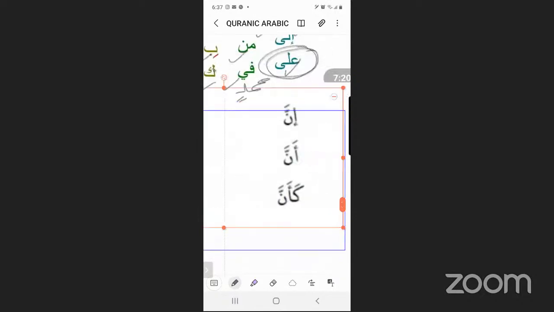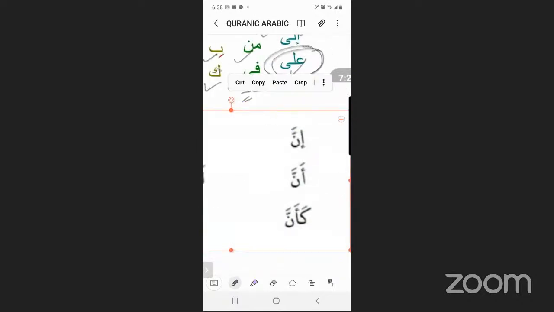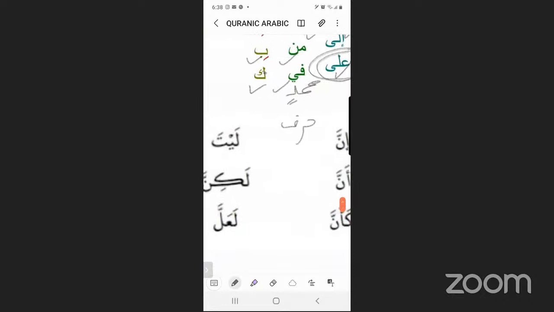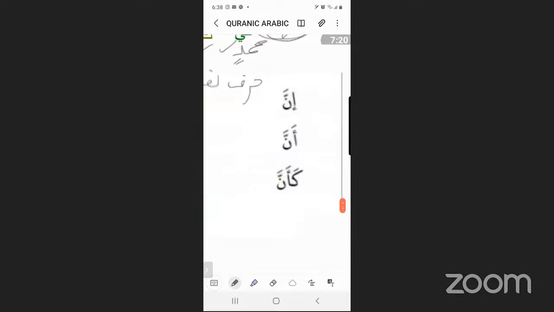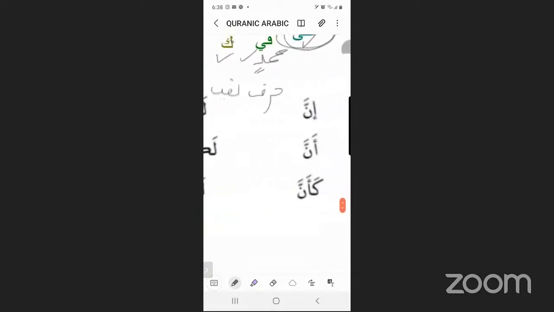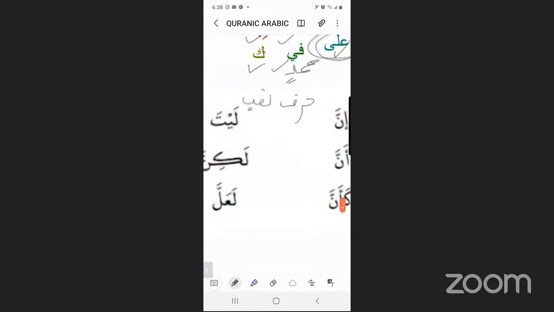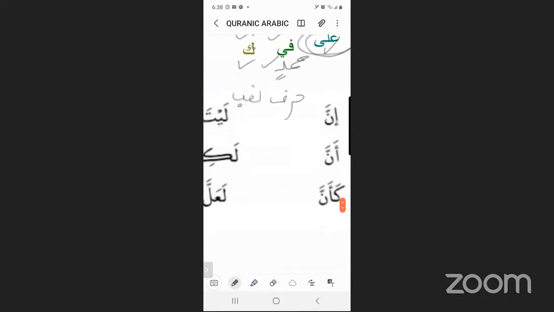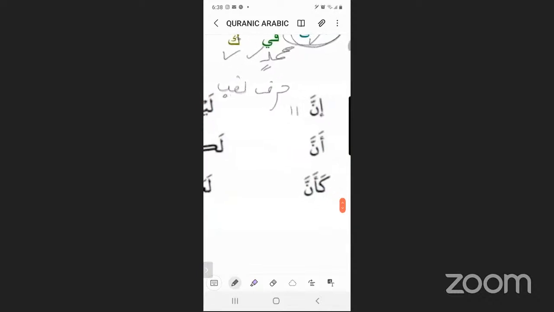And these are harf nasab: inna, anna, ka'anna, lakinna, la'alla. The word that comes after it becomes mansub. For example, inna Allah: the word is nasab, this becomes ismu inna.